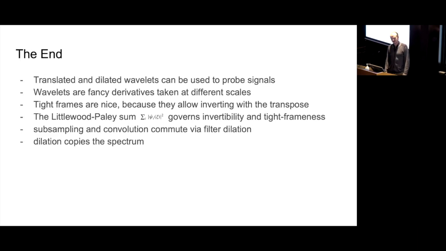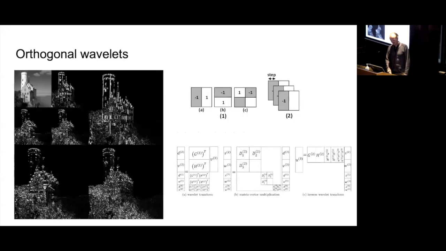Yeah, you could even point out that JPEG 2000 as a standard is wavelet-based instead of discrete cosine transform-based like the original JPEG, because it's a little bit better at compression. This is actually JPEG 2000 compression. This is orthogonal, so these wavelets create an orthogonal basis.